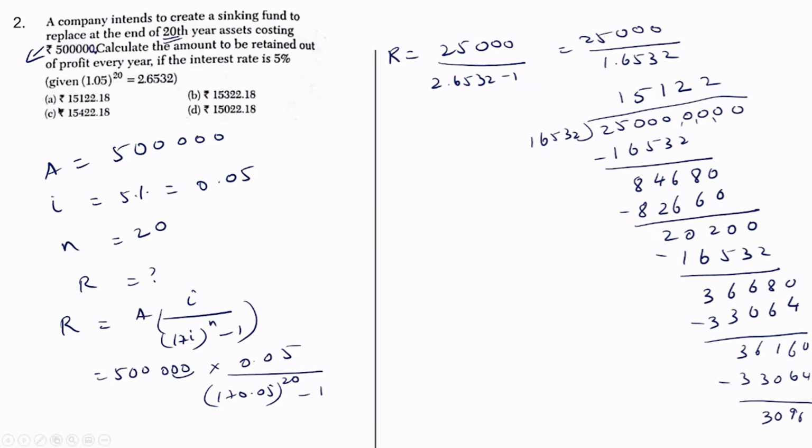Now if we check the options, we can see that the options are 15,122.18, 15,322.18, 15,422.18 and 15,022.18. So we are getting 15,122 when we divide this. So the correct option is option A.